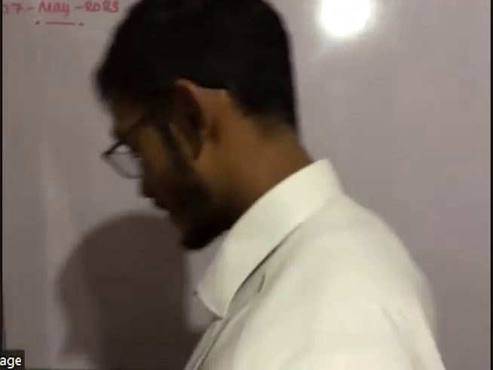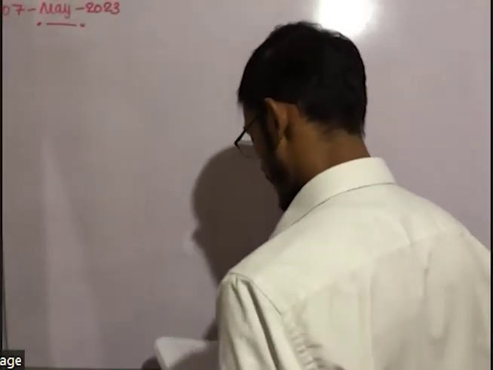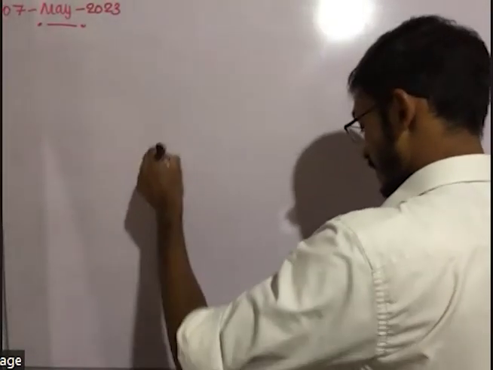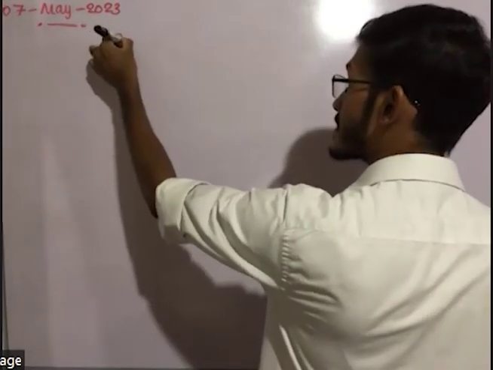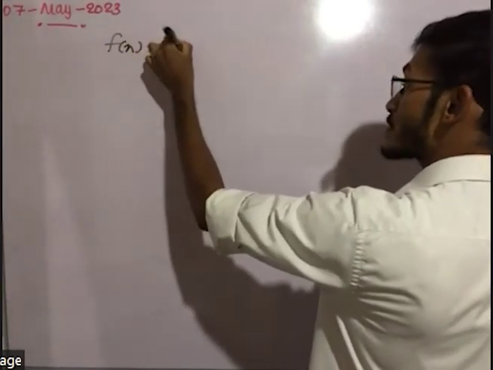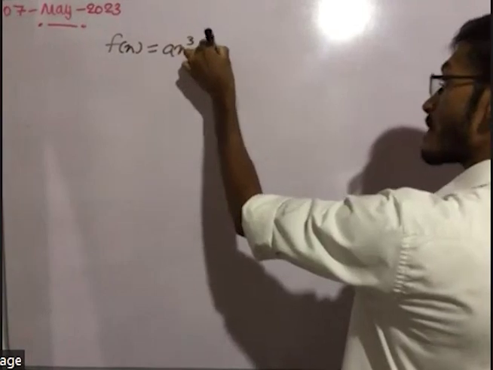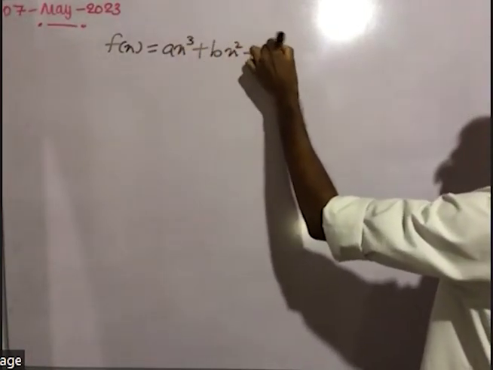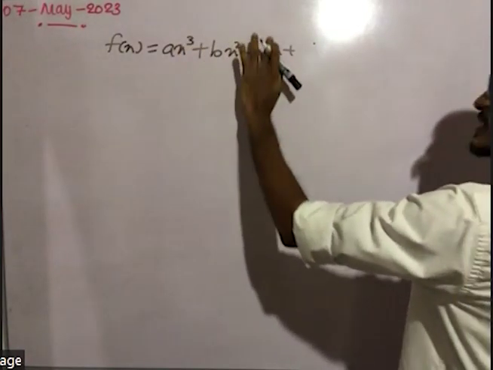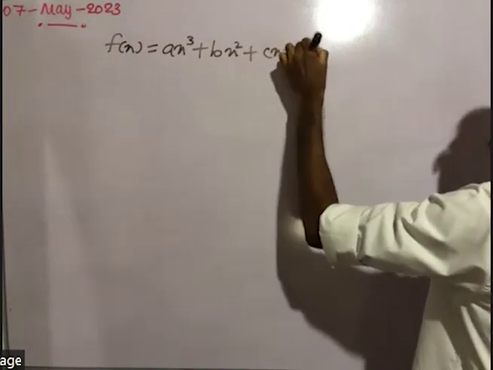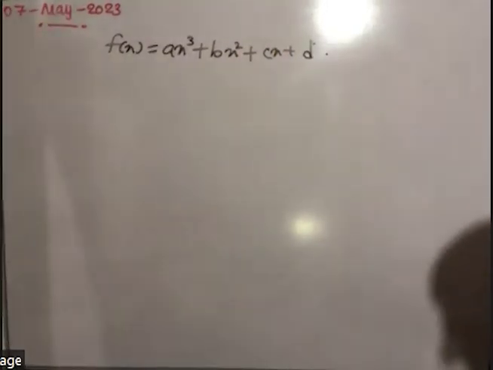Now look at this. We have taken that f(x) is equal to ax to the power 3 plus bx square plus cx plus d, right? This is f(x).